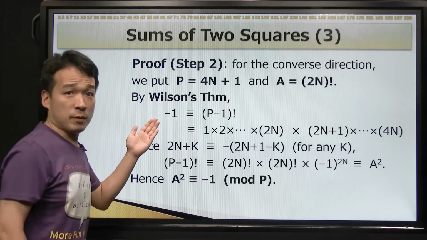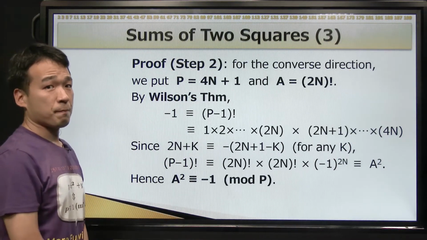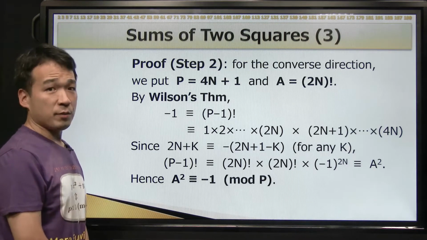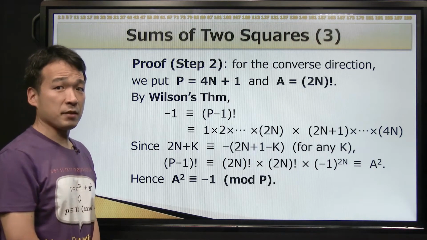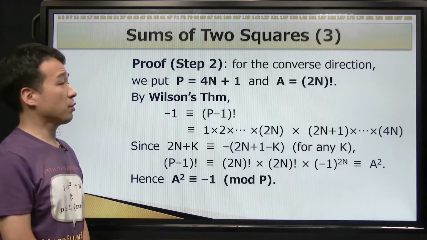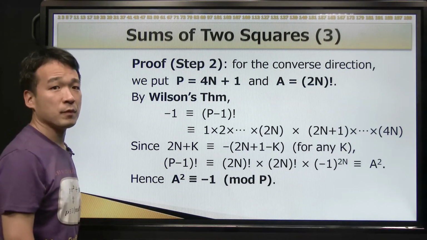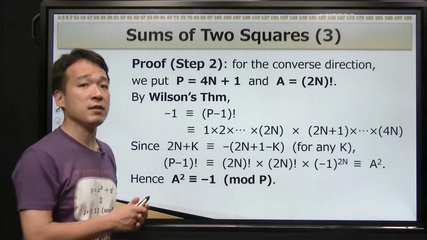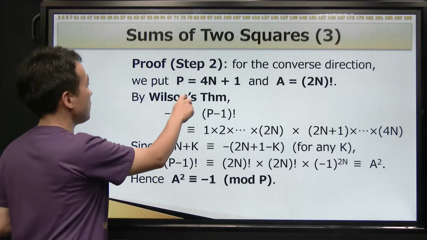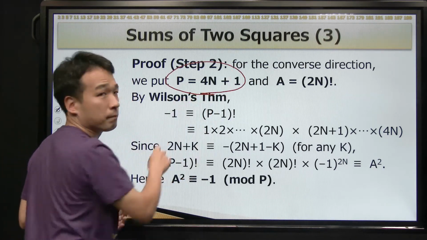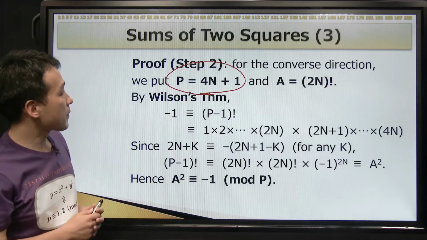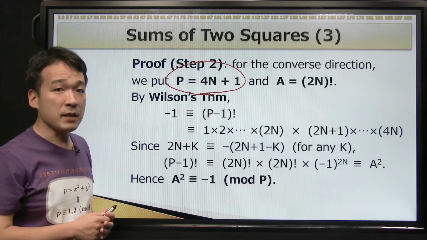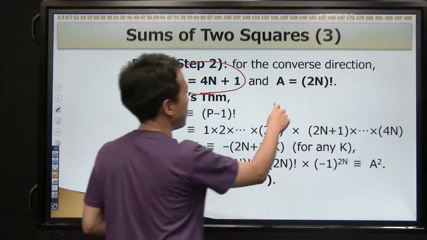We shall prove the converse direction. Assume that a prime number p is congruent to 1 modulo 4. We put p is equal to 4n plus 1. Let a be the factorial of 2n.